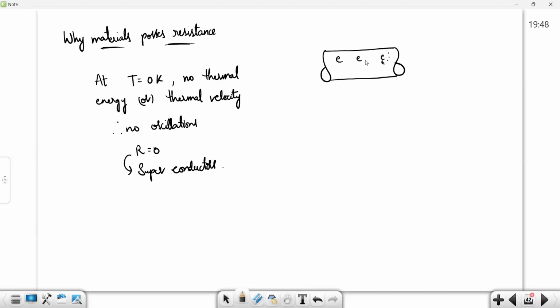Because of collisions, it is moving in random motion, in different directions. This also is colliding and moving. That means random motion is due to thermal energy.